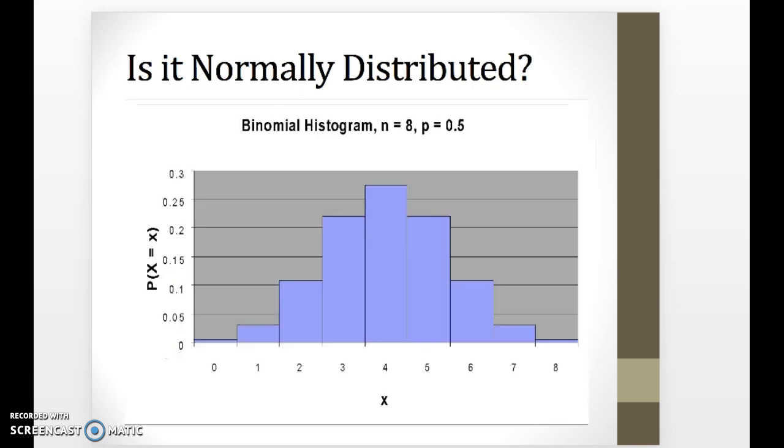Now for our next example, we have a histogram that is from a binomial distribution with an n of 8 and a probability of 0.5. So if we input that into our formula, we can do n times p times 1 minus p.